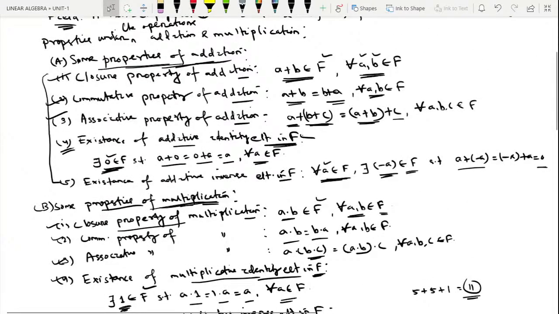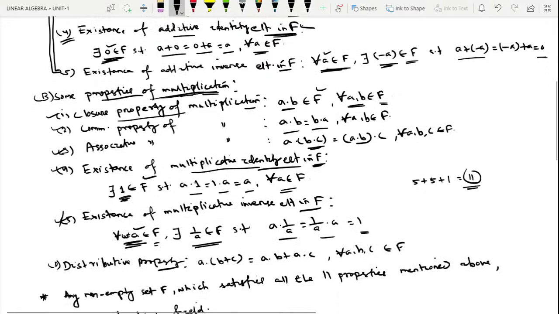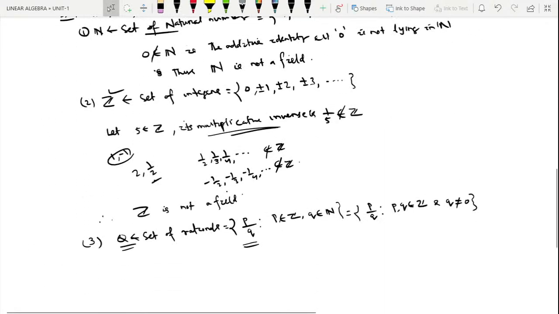All properties of addition are satisfied here. Similarly, all properties of multiplication are also satisfied, and the distributive property is satisfied too. Since all the properties are satisfied, we can say Q is a field.